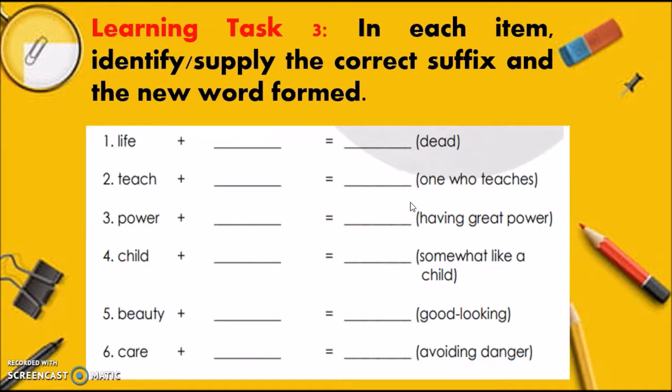Ibig sabihin ng nabuo nyong salita is having great power. Number 4, child plus yung suffix nyo, ang mabubuong salita rito, ibig sabihin is somewhat like a child. And number 5, beauty plus yung suffix nyo equals yung new formed word. Ibig sabihin is good looking. And number 6 is care plus suffix equals yung nabuo nyong salita, meaning avoiding danger.